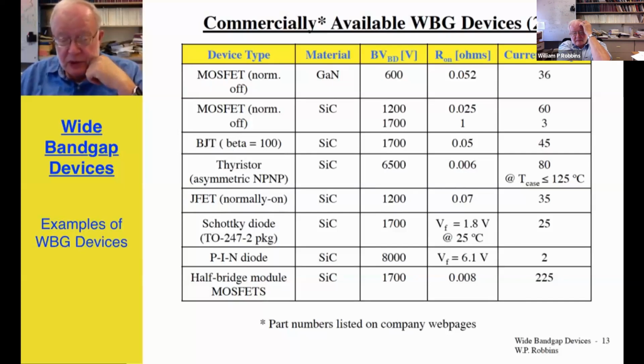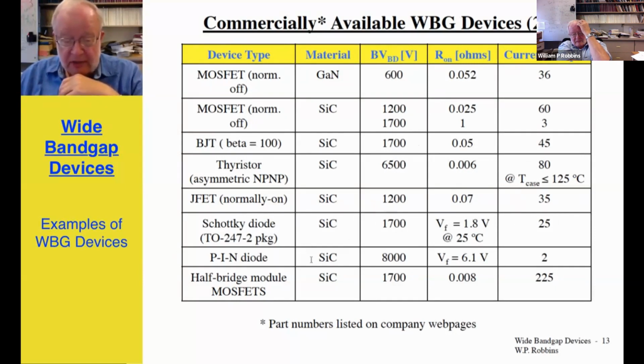There's a bipolar junction transistor at 1700 volts, 45 amp capability, a thyristor, silicon carbide at 6500 volt blocking, 6 milliohms, 80 amp capability, normally on JFET silicon carbide, similar capability as the MOSFET enhancement mode, Schottky diode at 1700 volts, 25 amp capability, forward voltage 1.8 volts.